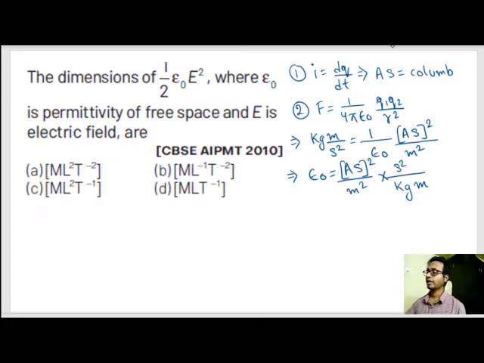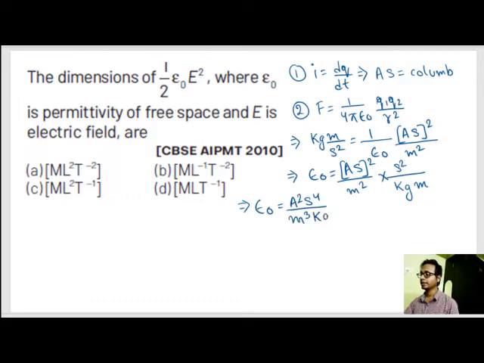So the unit of epsilon naught becomes A square s to the power 4 divided by m cube kg, since meter into meter becomes m cube.